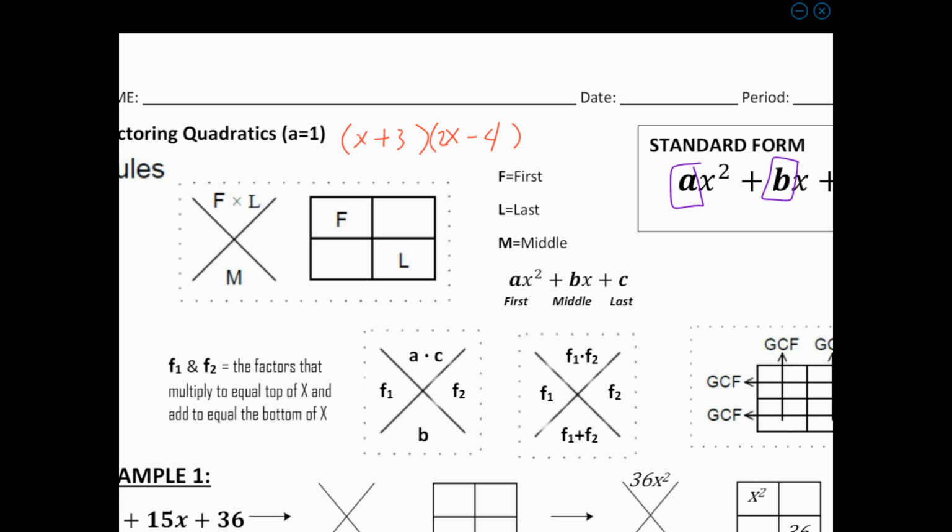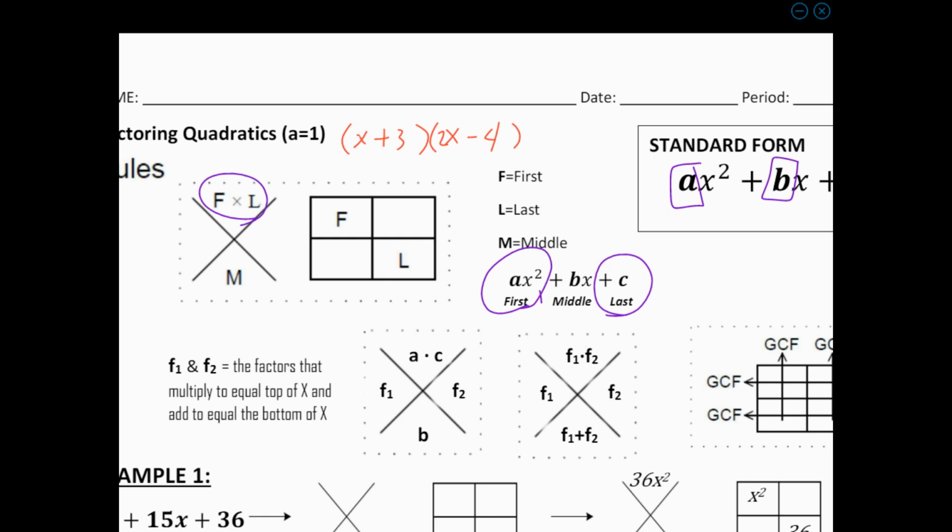So in our example that's worked out for you, it multiplies the first term times the last term to get the top part of my x. When I do it, other than this one that's typed out for you, I won't use the x squared.